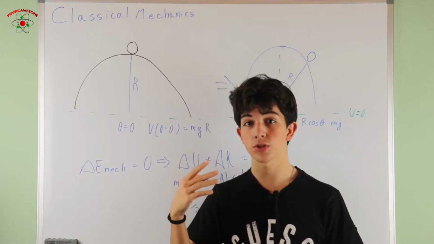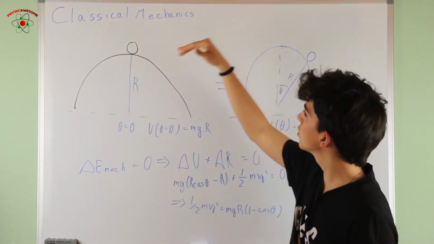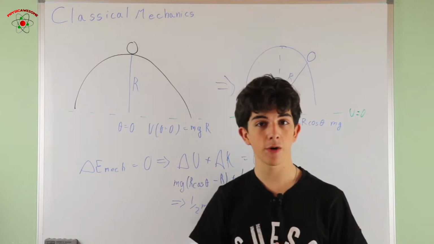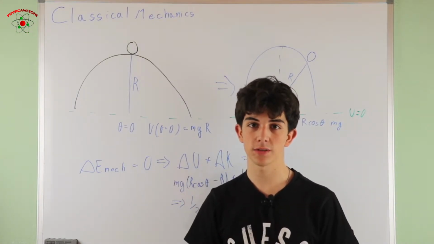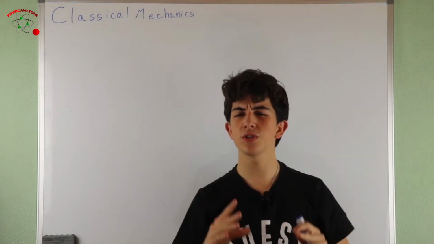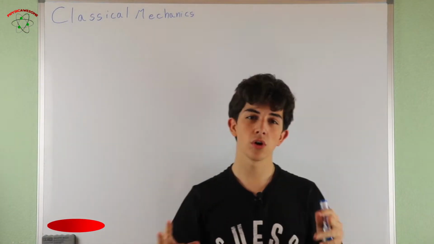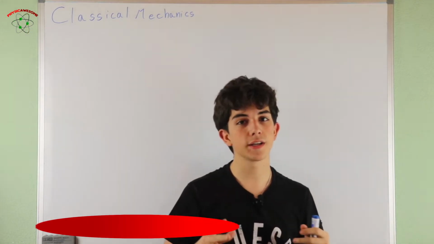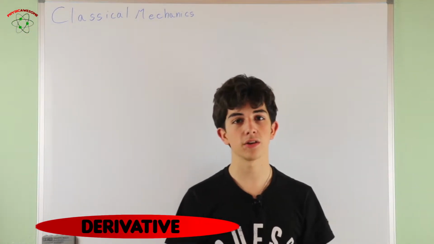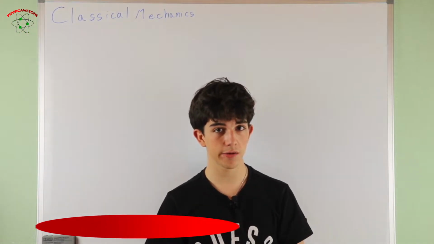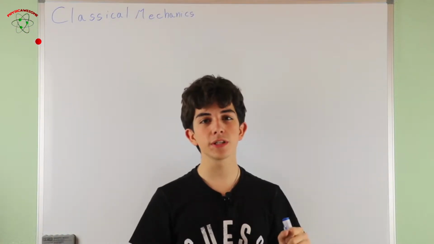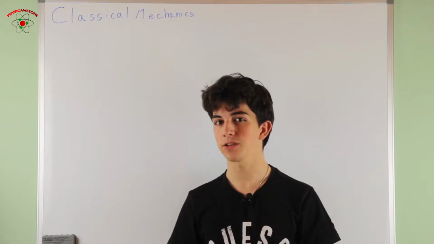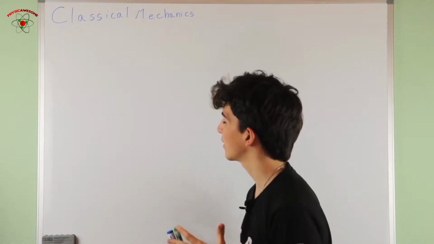Now we will understand how to complete these diagrams to also include kinetic energy in the following segments. Before introducing that notion of combining kinetic energy and potential energy in the same energy state diagram, we first need to understand what the derivative of the potential, of this energy state diagram, really means.